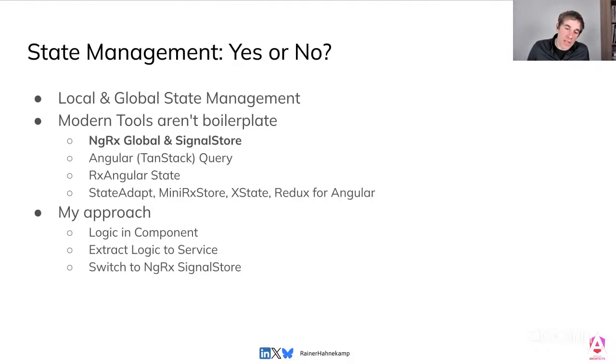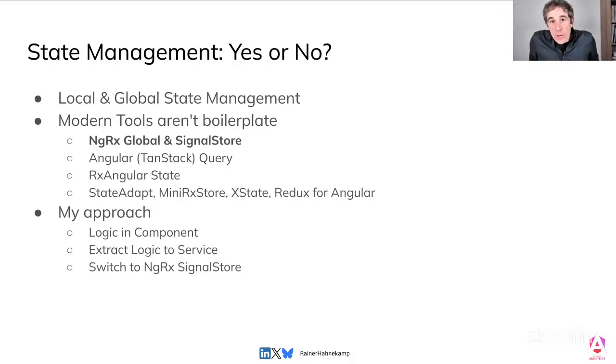You can say, well, if the service hits a threshold, then I need to switch to state management. But in general, honestly speaking, I usually skip the second step if I see that in a component, I already have the need to extract it into a service. I already use the signal store because, as I said, it doesn't have so much boilerplate. Yeah, and this should be it at least for the service parts.